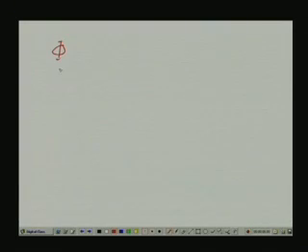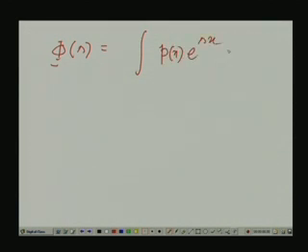Next, we consider the moment generating function phi underscore s. What was it? This was the integral of P x e to the power s x dx from minus infinity to infinity.